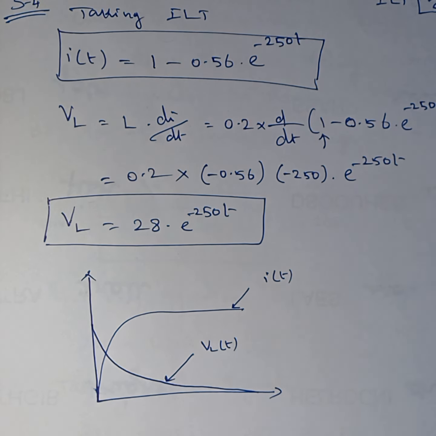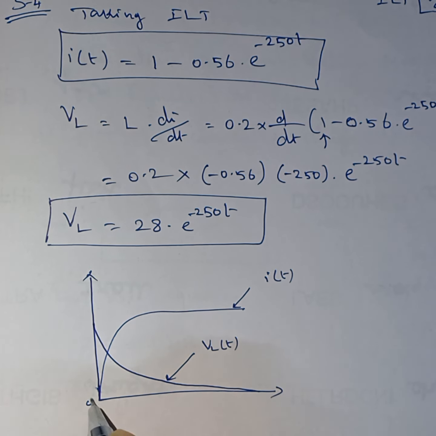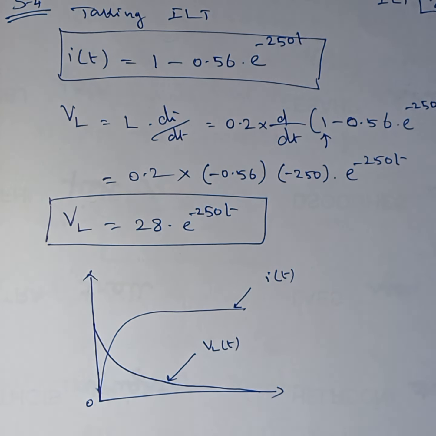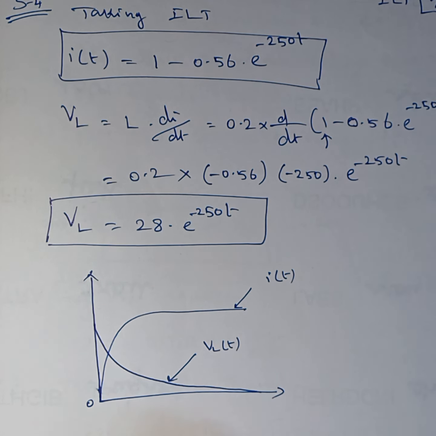Okay, if it has some initial value, then instead of starting at 0, it will start from 0.44 amps. Okay, this is a common waveform for all types of RL transients. Okay, thank you all for watching this.